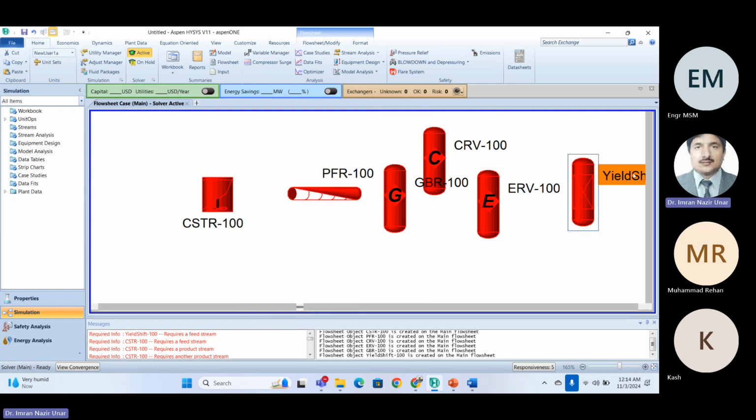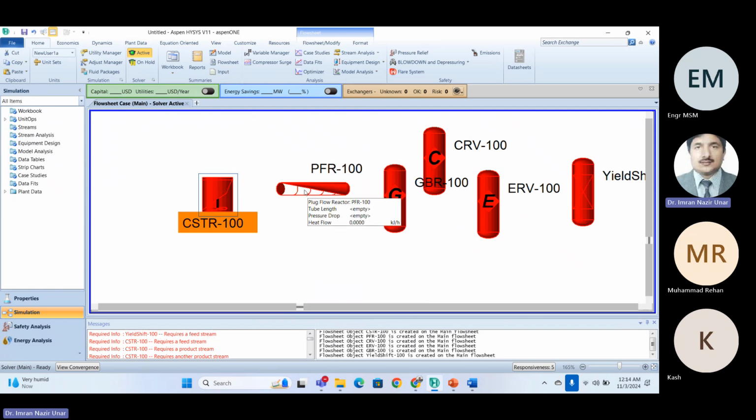Now remember, these one, two, three, four have almost similar properties. Only the reaction types which can be attached are different. This is another kind of reactor, and this is another kind of reactor. So basically, these are the vessels. All are vessels or pipe, and they require some reactions and some streams.